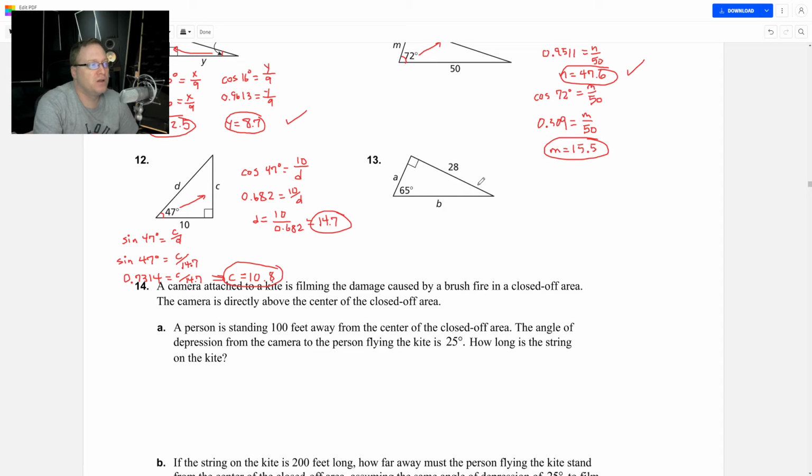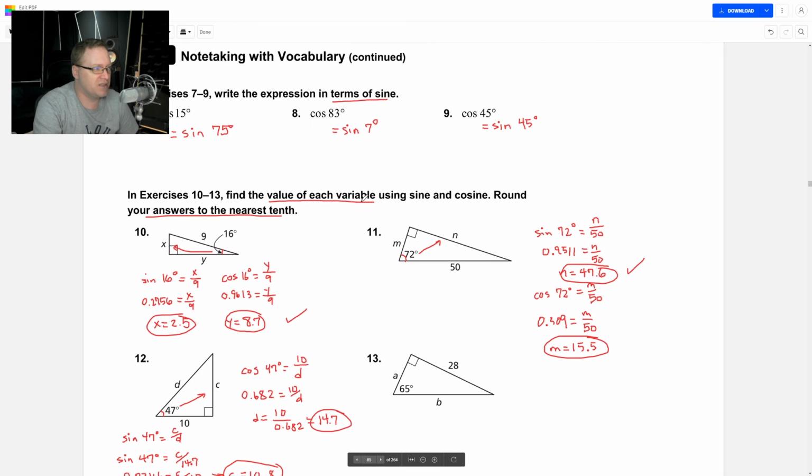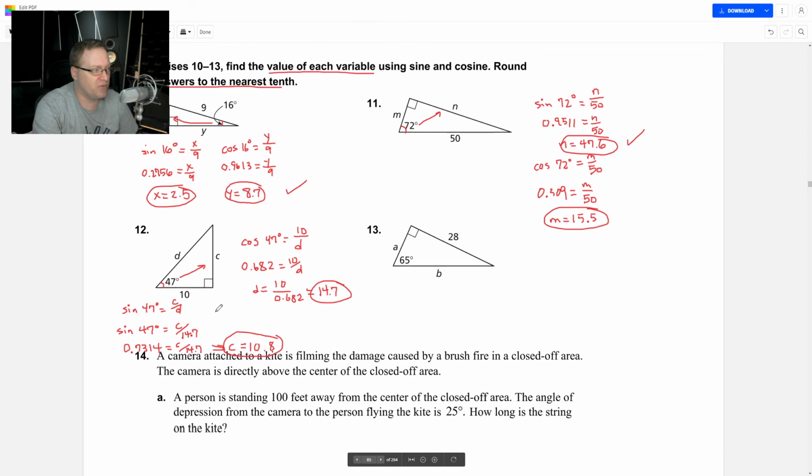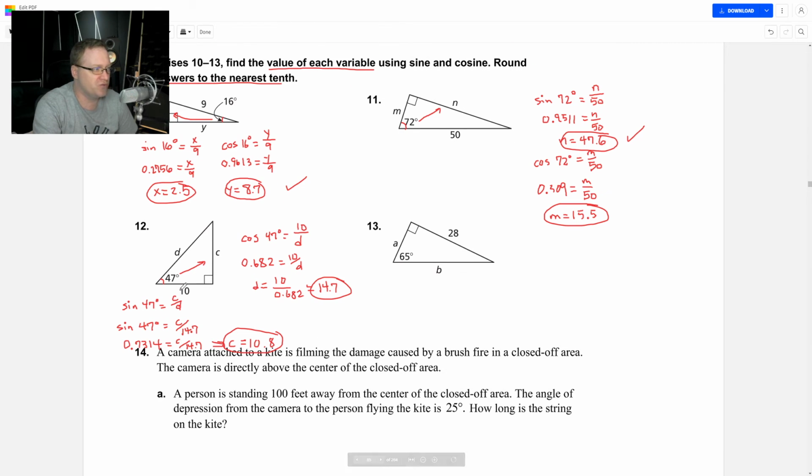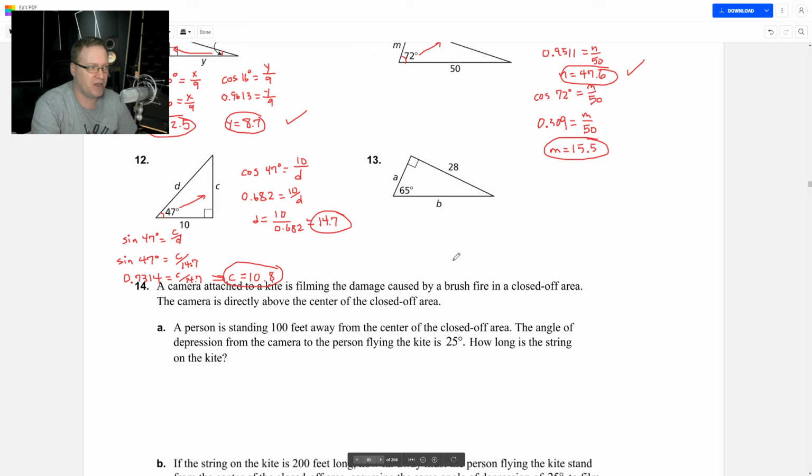Okay, good. And then finally, now that was one way we could solve this. Another way we could solve this is to see that instead of using the sine and cosine, we could actually use the tangent because we have the two legs here. So for this one, why don't we use the tangent? If we want to find a, and we already have one leg right here, this is going to be the ratio of two legs, which is the tangent.